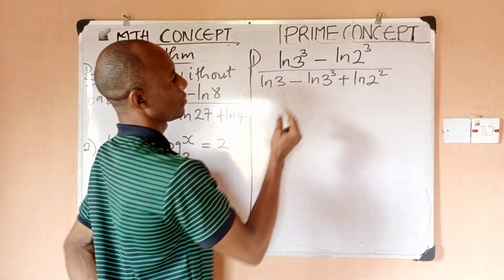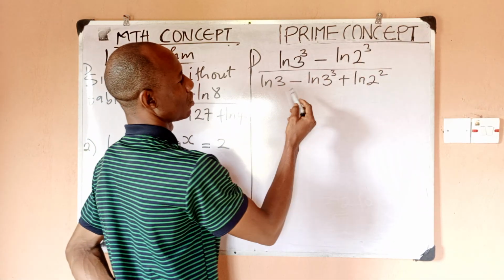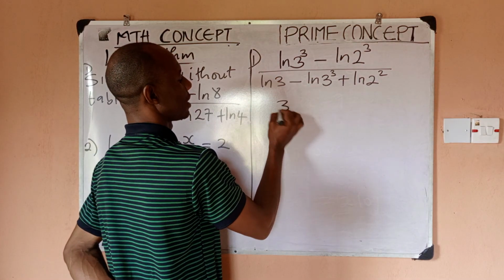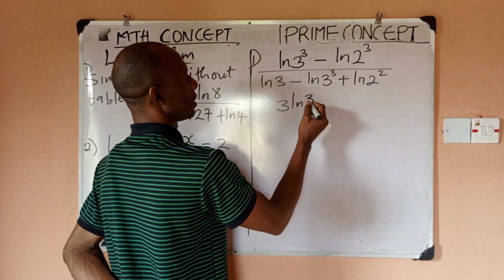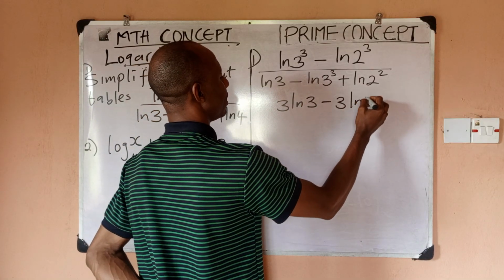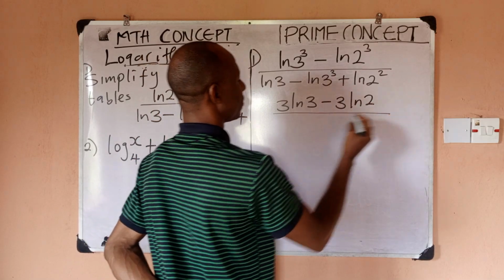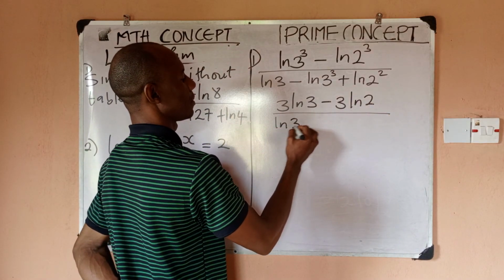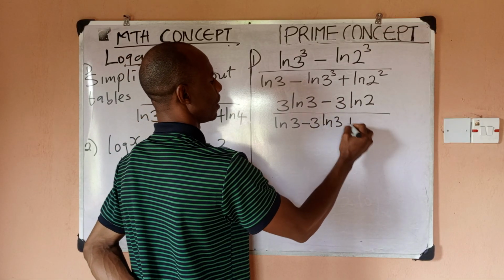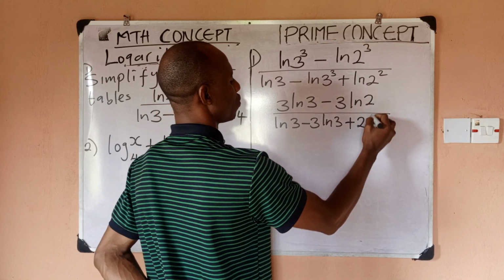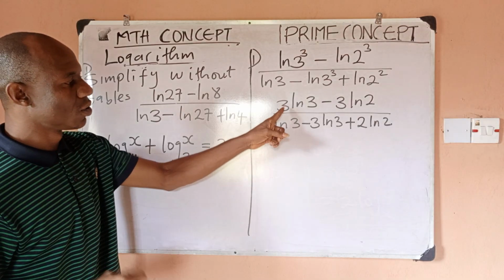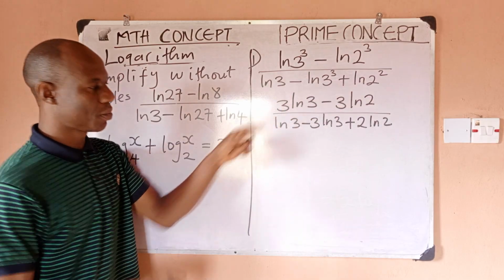So what would I have? If I apply power law to this, 3 would come down, 3 would come down. So I have 3 ln 3, 3 ln 3, right? Minus 3 ln 2, all divided by ln 3 minus 3 ln 3 plus 2 ln 2, right? Yes. Quickly again, since 3 is common up, I can bring it out.